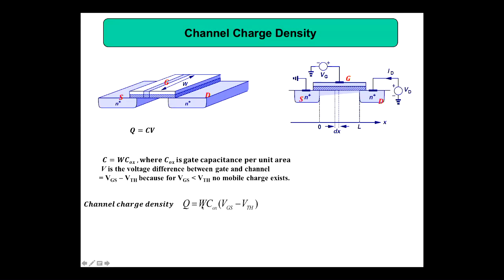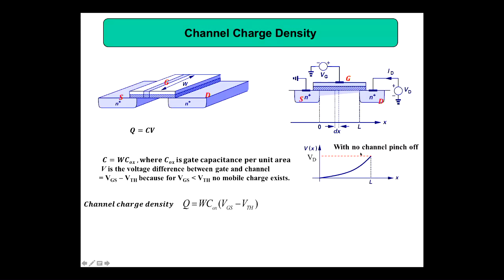This equation is correct only if you get a uniform distribution across the channel, as if it were a straight line up to the drain. But because the electron charge density decreases towards the drain region, we have to modify this equation to take that reduction into account.